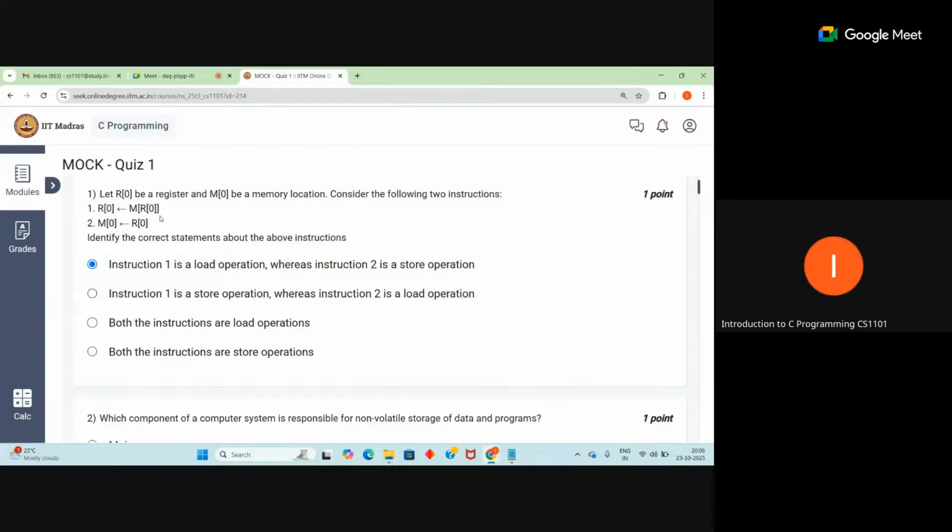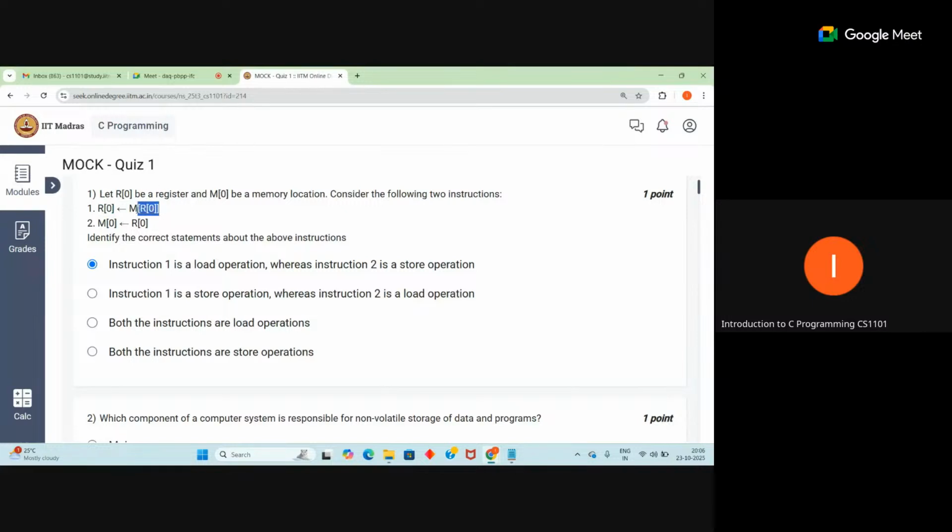So this reflects loading the value of a memory location into the register. When you are copying some value from a memory location to the register, that operation is called a load. You are loading the value from a memory location to one of the internal registers of your CPU.